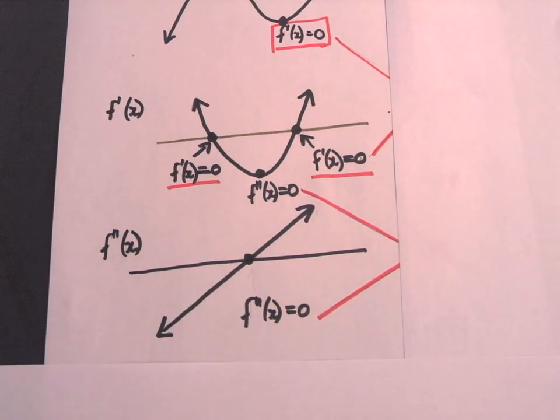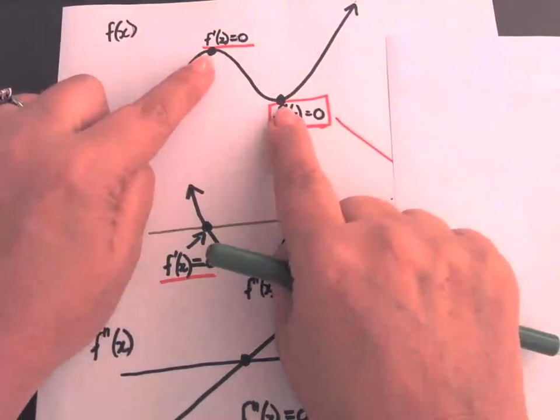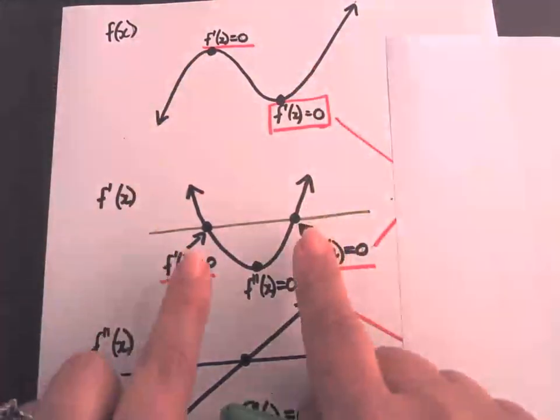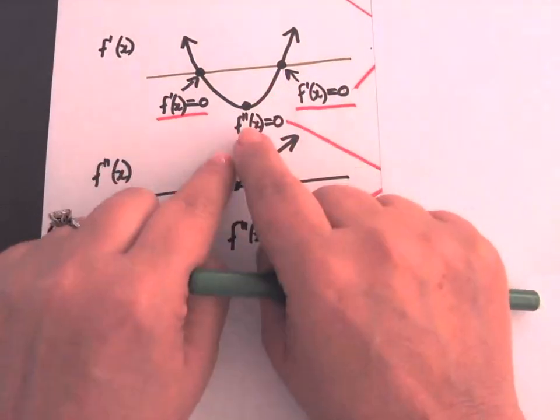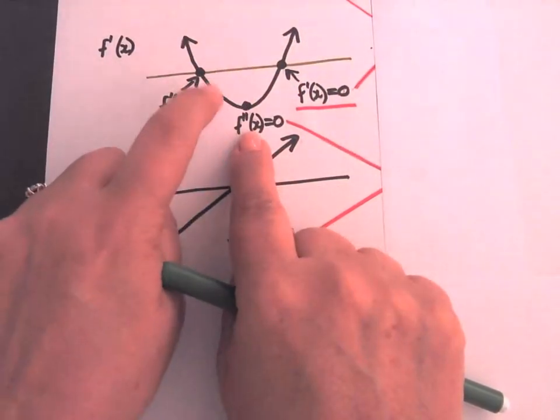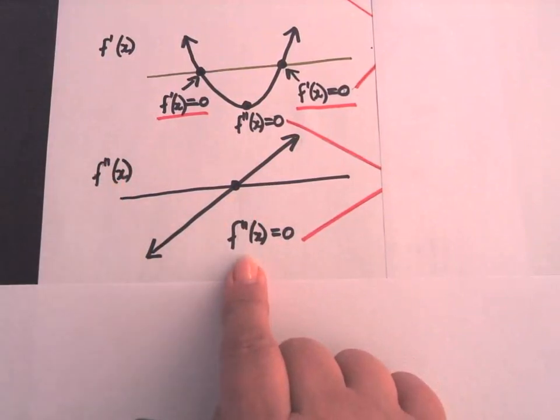Okay, so do you follow from the top to the bottom? The x values of the turning points form the x-intercepts of the next graph. The turning point of the graph forms the x-intercept of the next graph.